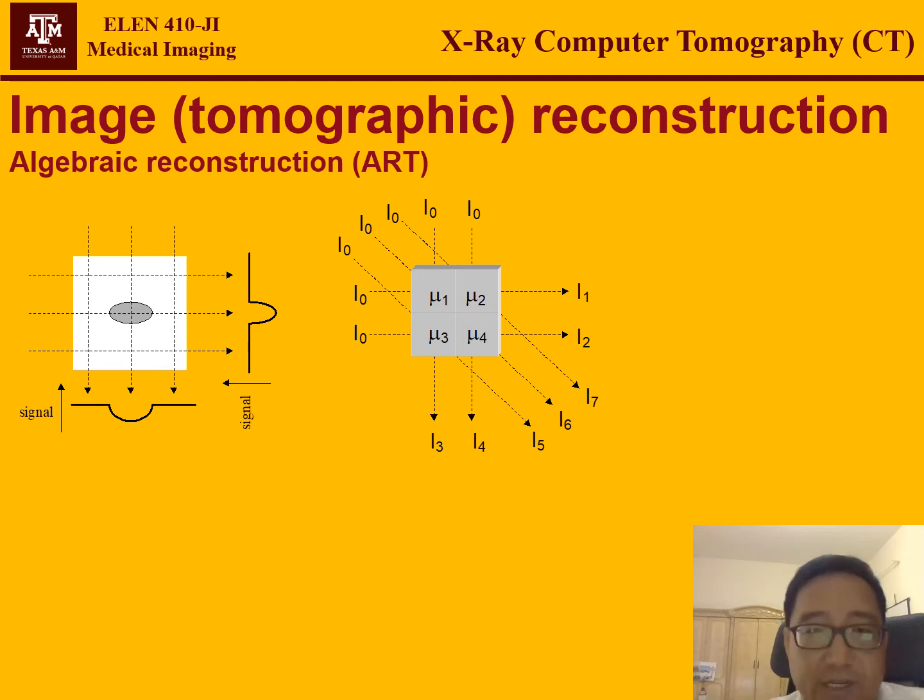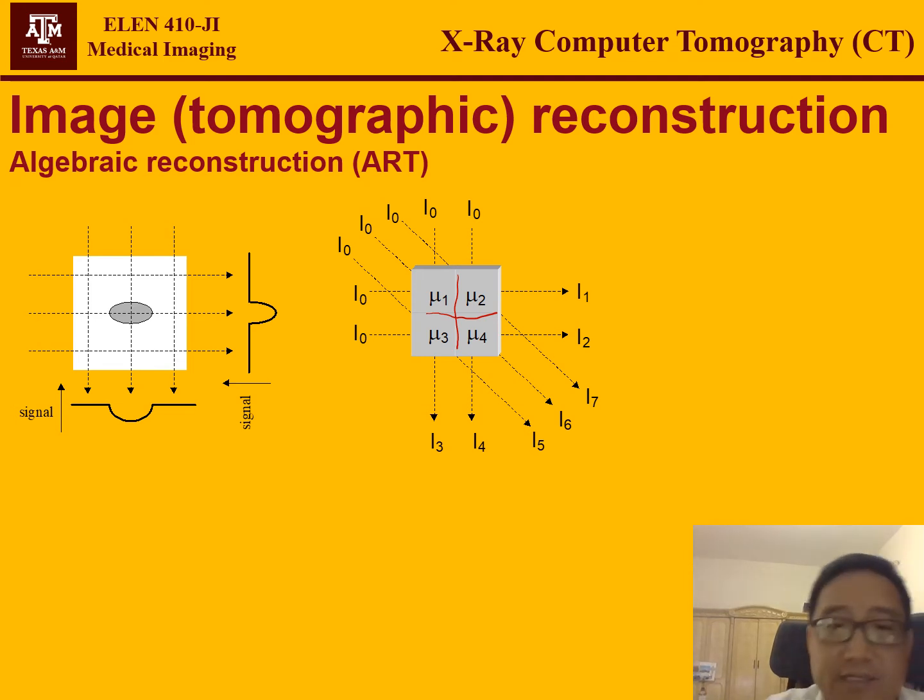To understand ART, I'm going to use a simple physics model example here. Let's say you have a tissue like this block. I'm going to simplify this and divide it into 4 little cells, and I'm going to say each cell has a homogeneous attenuation, which I call mu1, mu2, mu3, mu4.